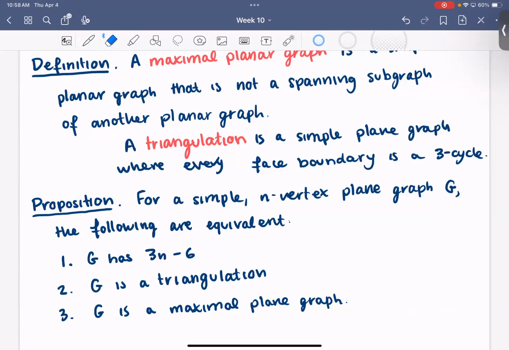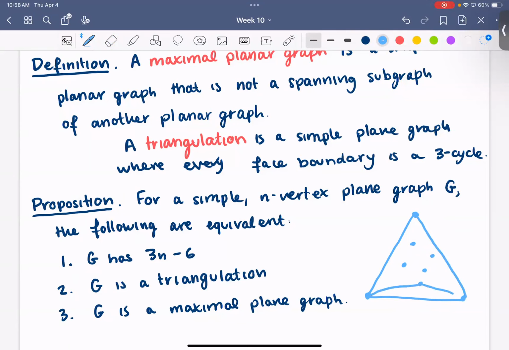Starting over. If I want to make a triangulation, the easiest way to draw that is just going to be to put a big triangular face on the outside and then have whatever other vertices I want on the inside. Okay, so this is a triangulation.